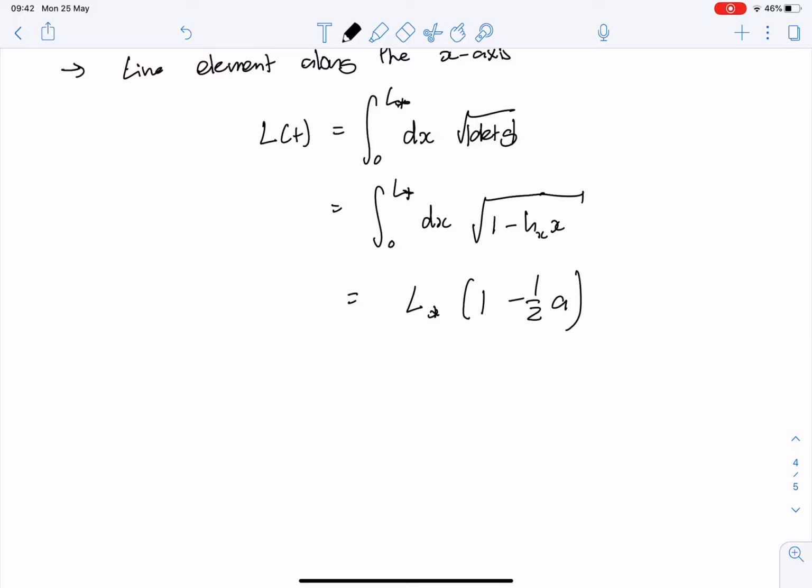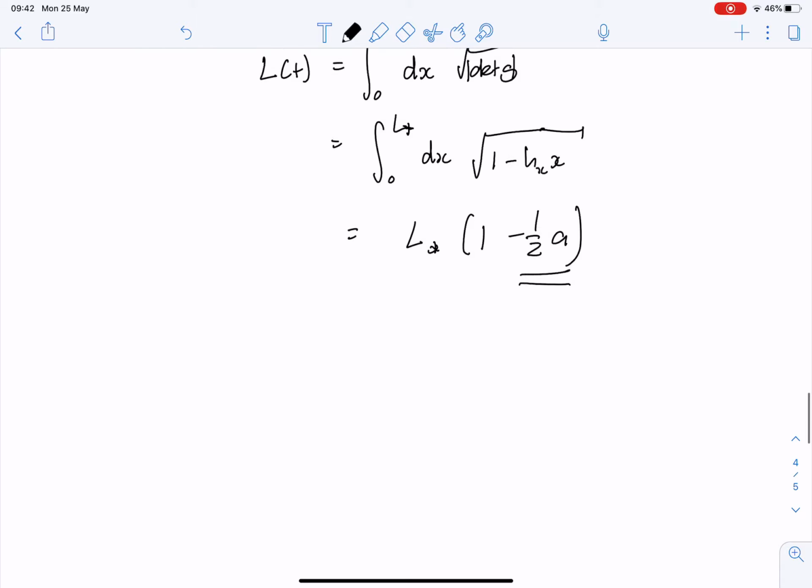And so what you have here is this change in length, i.e., if we write delta L as a function of t over that initial separation, it's just equal to minus a half a.